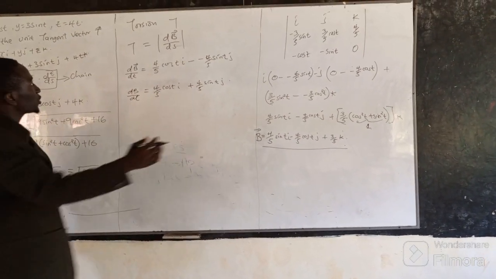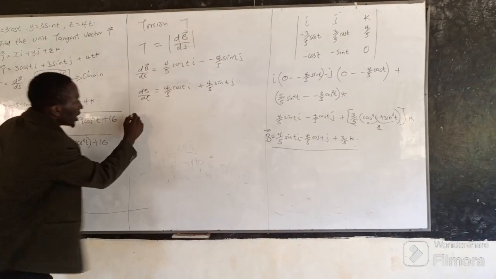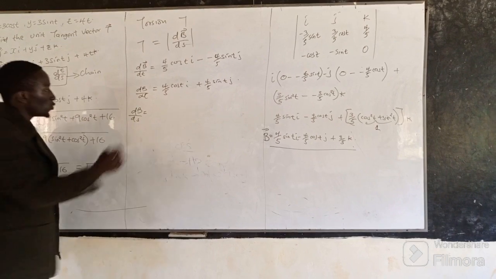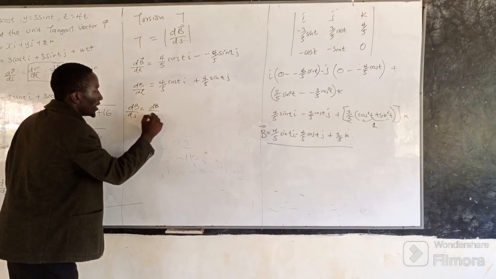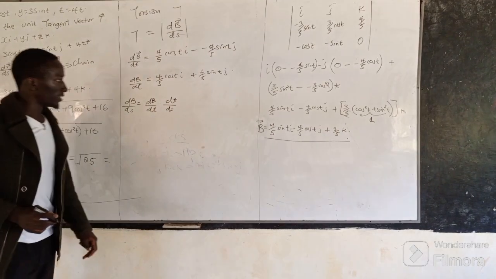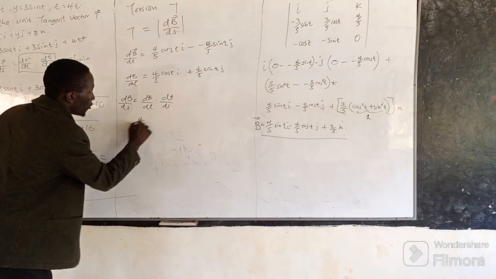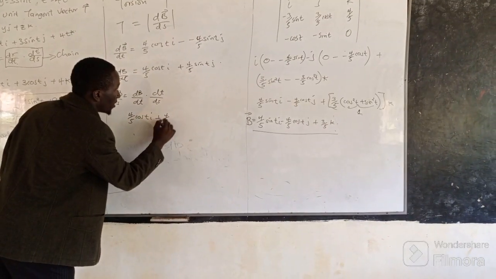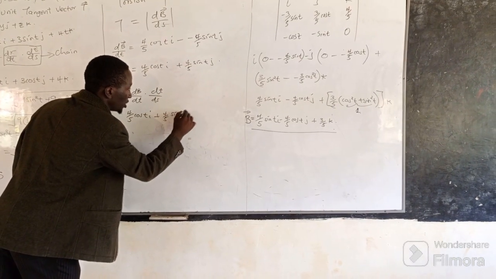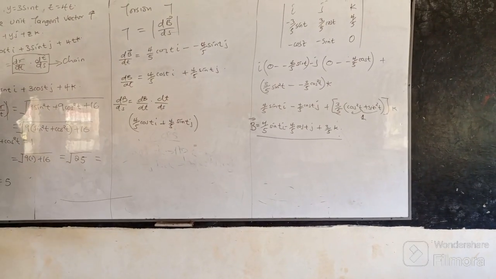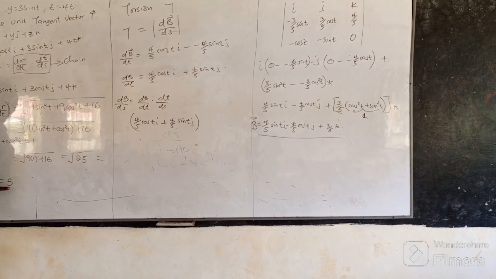But I was looking at dB over ds. To get dB over ds, I have to apply the chain rule, which is dB over dt multiplied by dt over ds. And this one I'll have 4 over 5 cos t i plus 4 over 5 sin t j. I multiply with dt over ds, which I had earlier as ds over dt, which is 5.